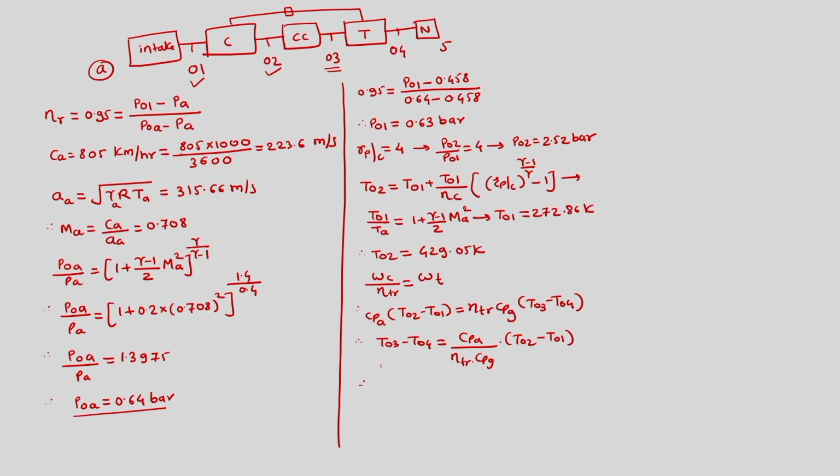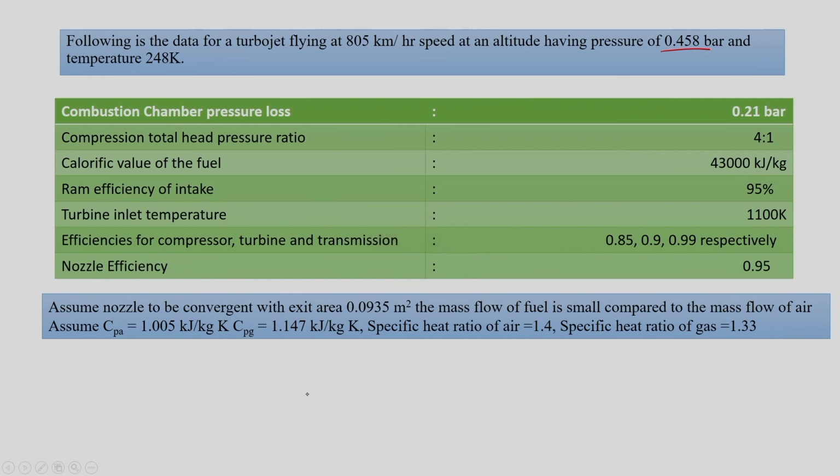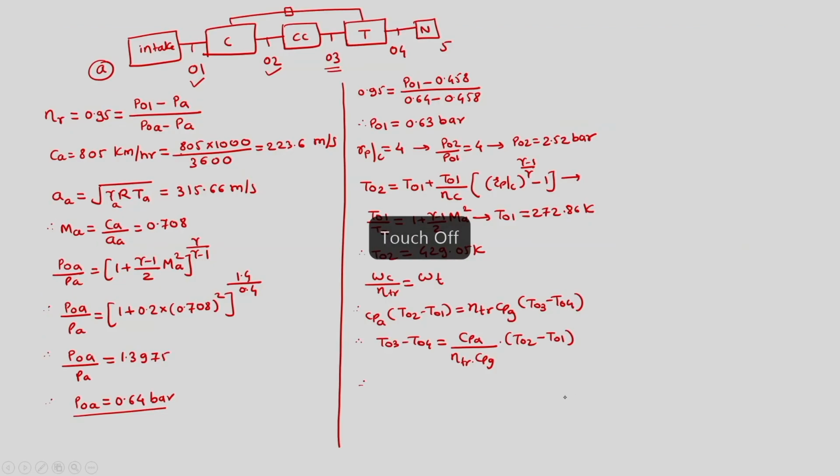We know Cp of air which is 1.001, we know Cp of gas 1.147, and transmission efficiency is given as 99%. T02 is found out as 429, and T01 is known which is 272.